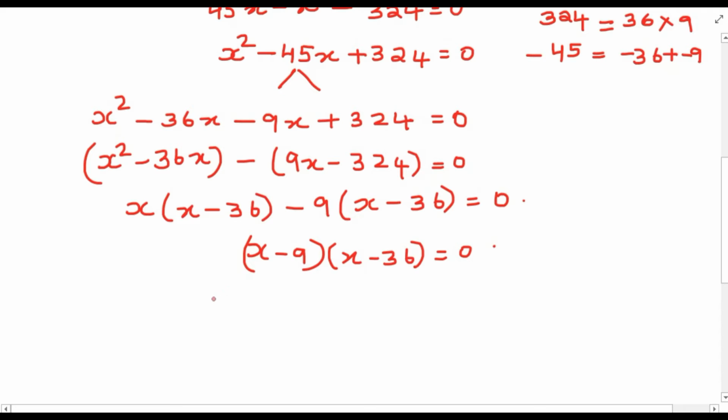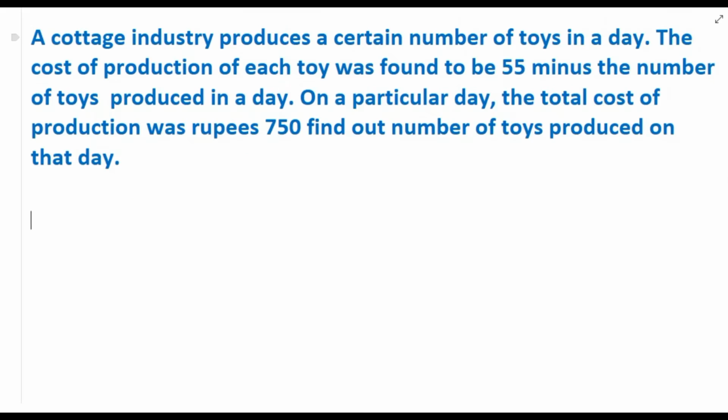We equate each linear factor to 0. So x equal to 9, and in the same way x minus 36 equal to 0 gives x equal to 36. So the number of marbles with John and Jeevanti is 9 and 36.